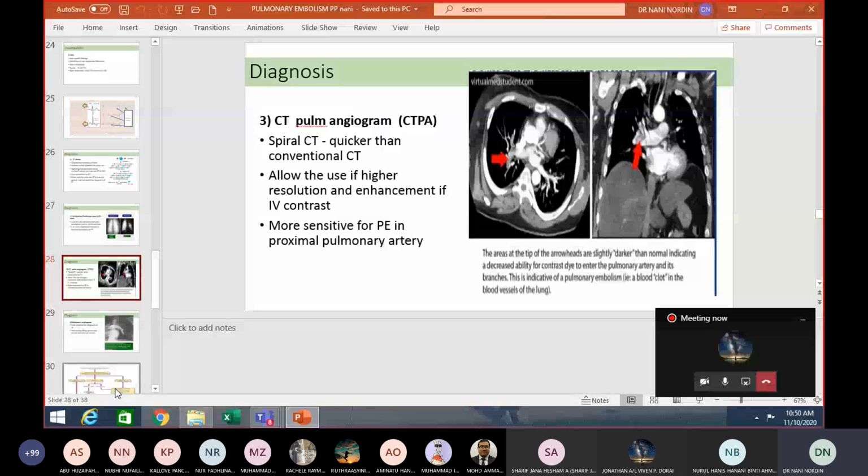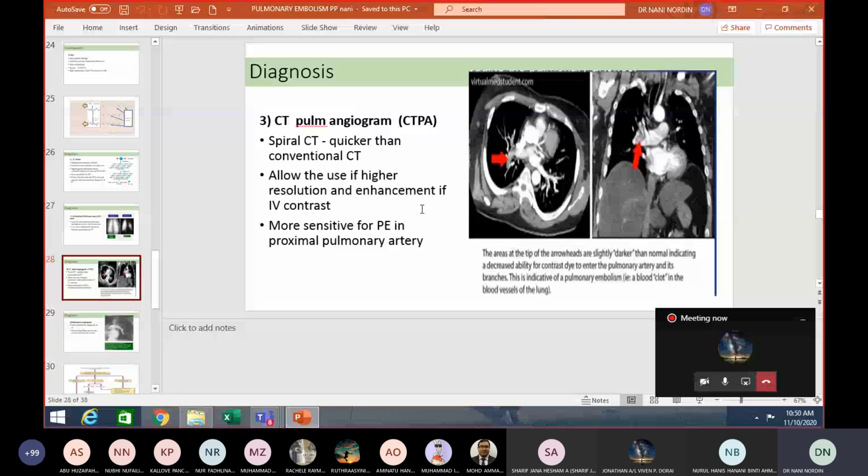CT pulmonary angiogram is used a lot in real life, and it is a good way to diagnose pulmonary embolism. But it still tends to miss small emboli at the periphery.